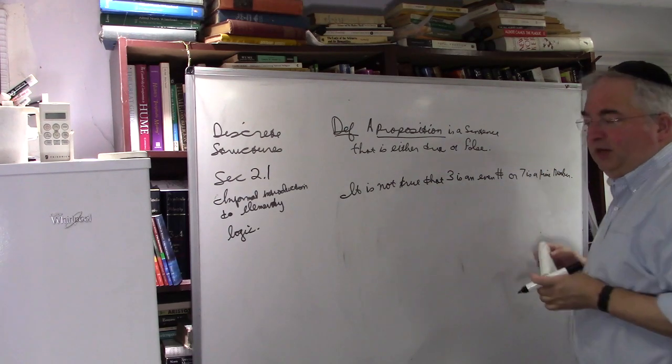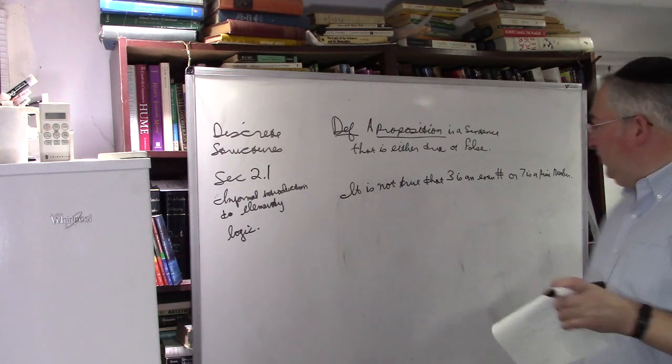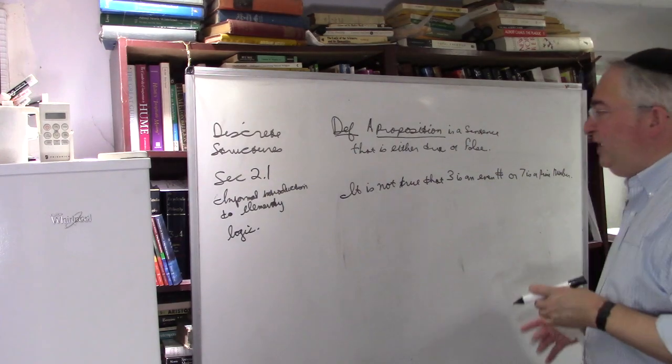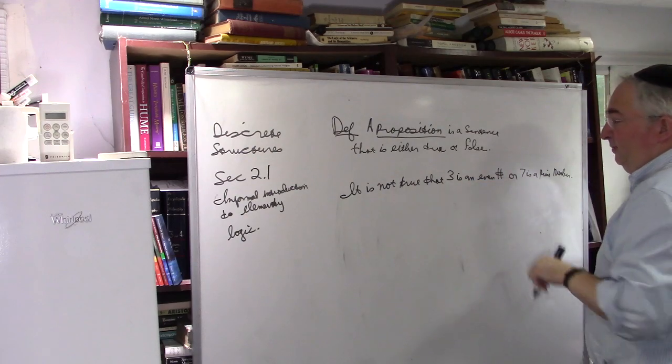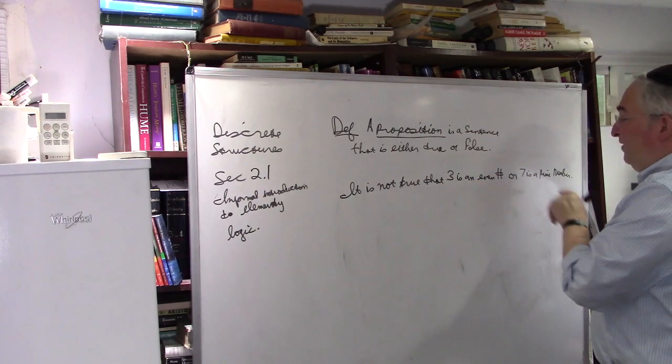Okay, so let's go through it. First of all, is 3 an even number? No. Is 7 a prime number? Yes. Okay, so now let's see if this is true. It is not true that 3 is an even number. Or 7 is a prime number.